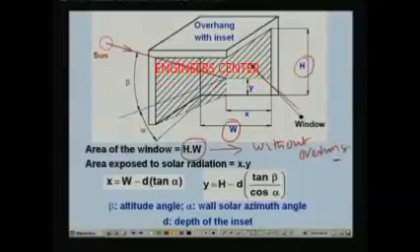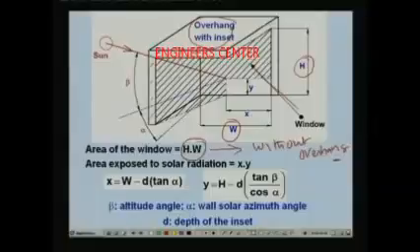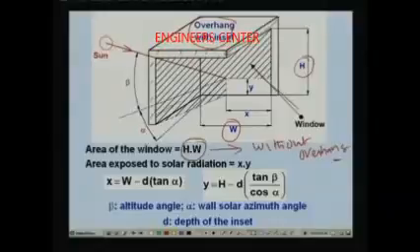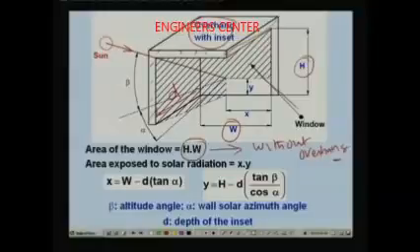But if I am using an overhang with inset, this is the overhang with inset, the red hatched portion. It has a certain length, a certain width and a certain depth. Depth of the inset is this, and width is this.